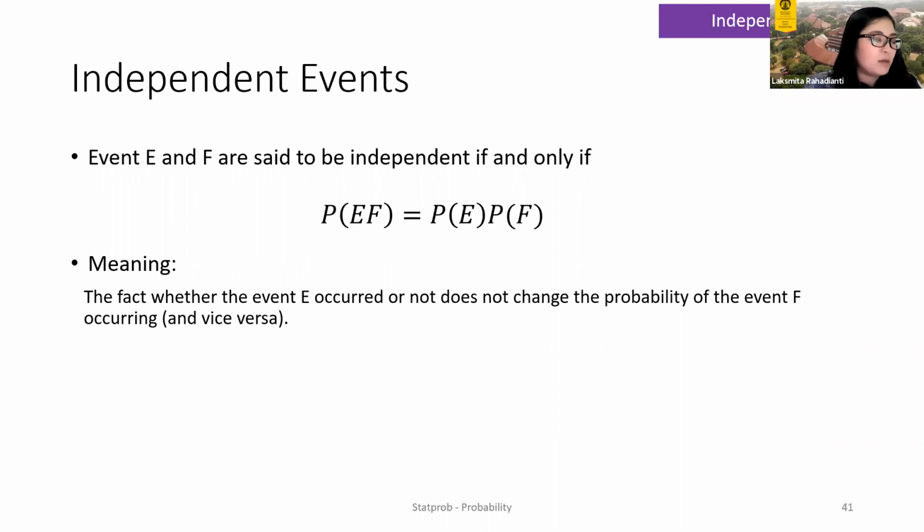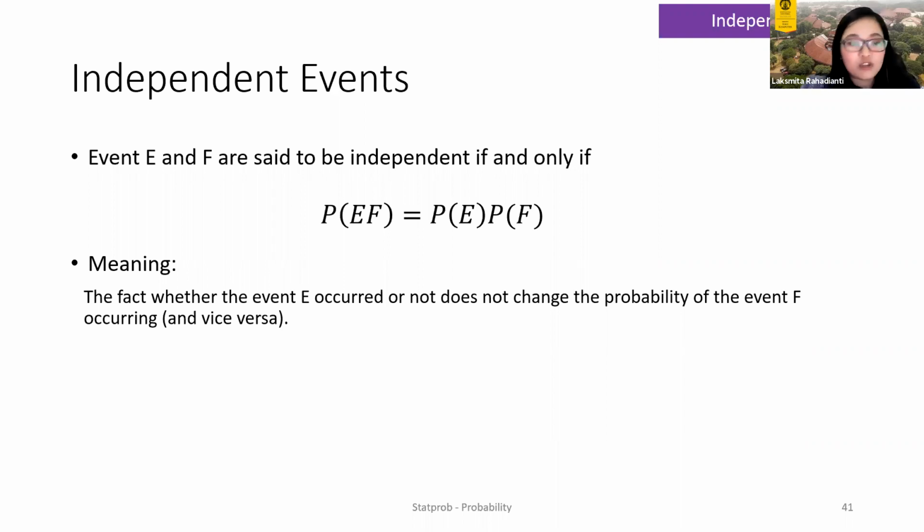So like, what is the probability of E happening if F happened, or the probability of E happening if F didn't happen? However, if we're talking about two independent events, it doesn't matter. Whatever happens with F, it will not change the probability of E. Whatever happens with E, it will not change the probability of F, and vice versa.